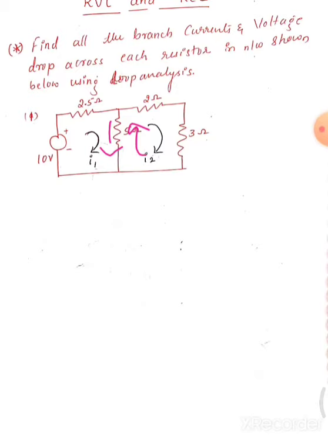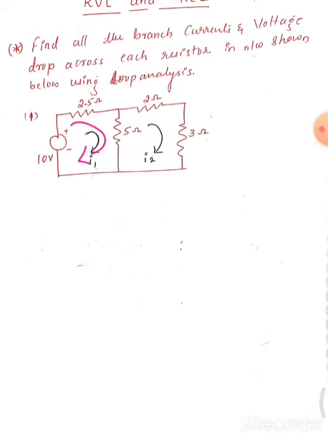These two are in opposite directions, so you have to take one minus the other. Which one to take as positive? Assume that the loop in which you are applying KVL, that loop current is the dominating one.